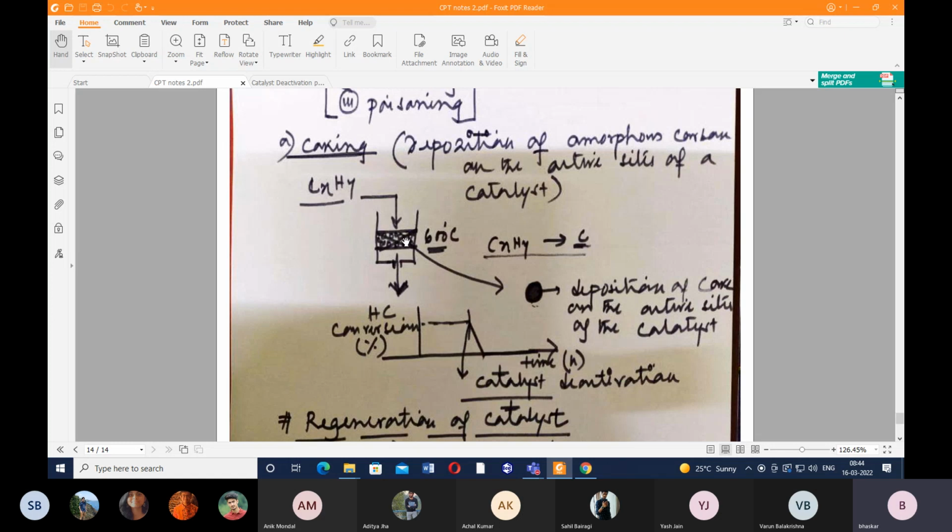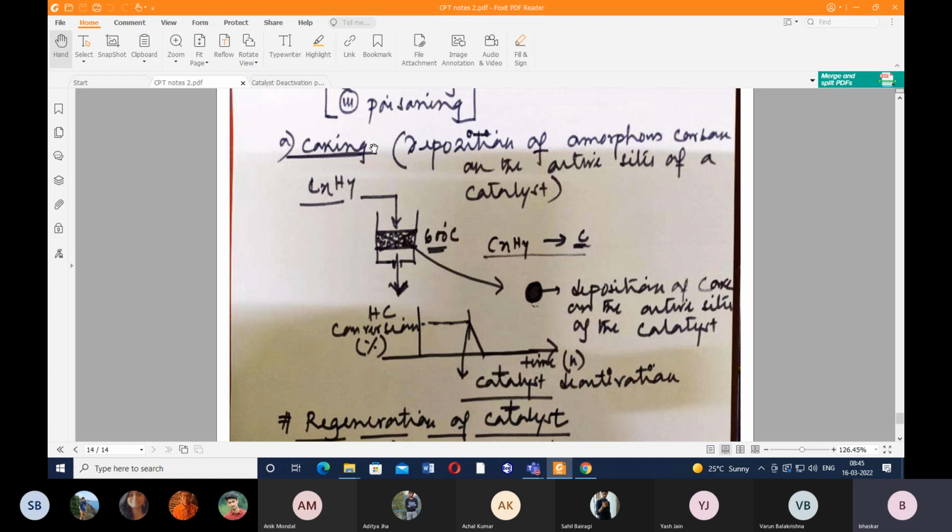Carbon deposition will take place over the active catalyst surface. As a result, we have a carbon layer over the surface of the active metal part. This carbon layer will prevent the penetration of CxHy. So there will be a diffusion barrier between the hydrocarbon gas and the catalyst, isn't it?